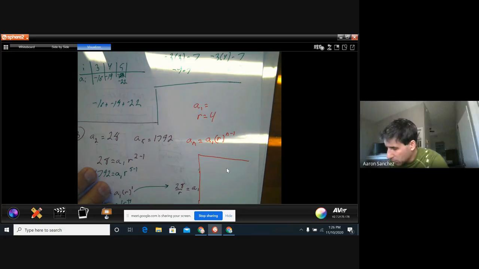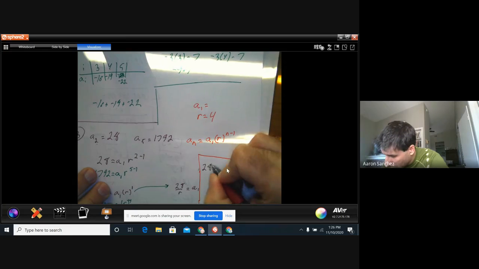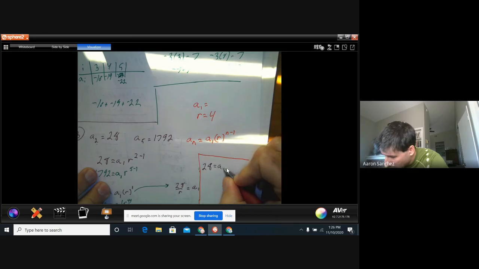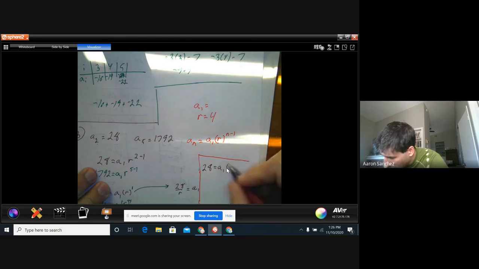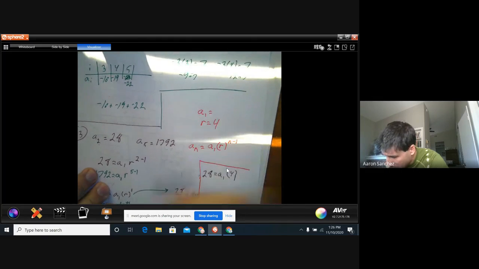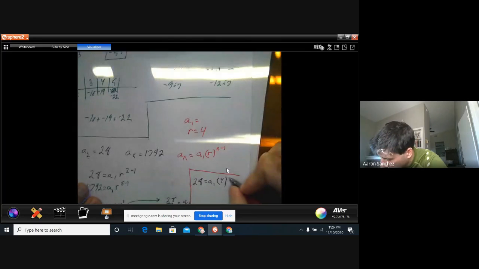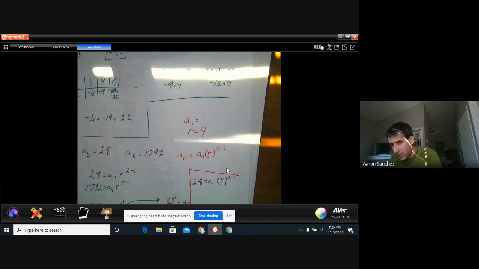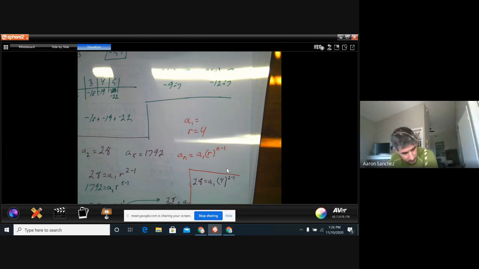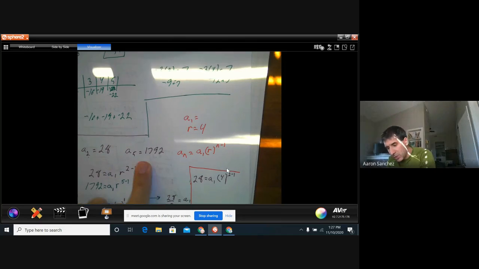So a sub 2 is 28 for this equals a sub 1 times r, which is 4, raised to 2 minus 1. Giovanna, are you with us? Is this making sense or no? Yeah, it's making sense. Okay, so now I'm solving for a sub 1. Since I have the r and I have this, I could have used this other point too. I would have got the same answer.